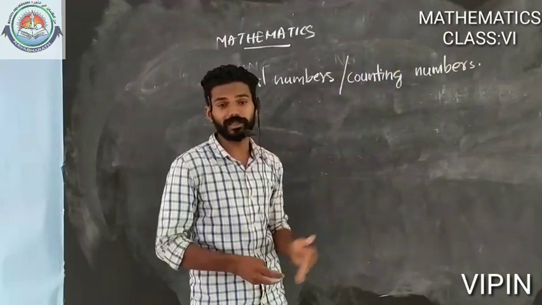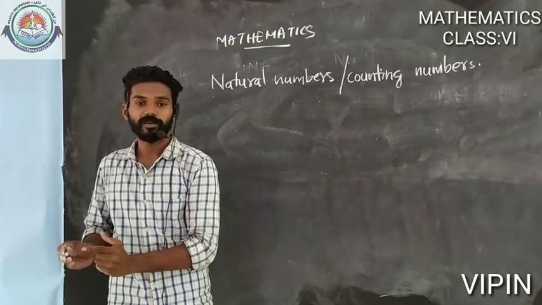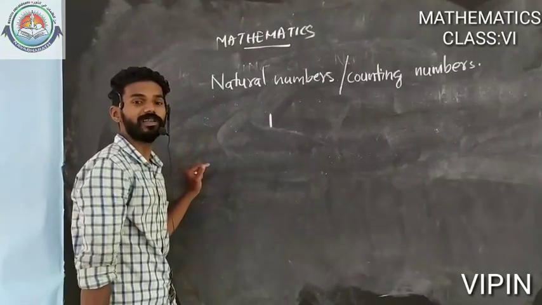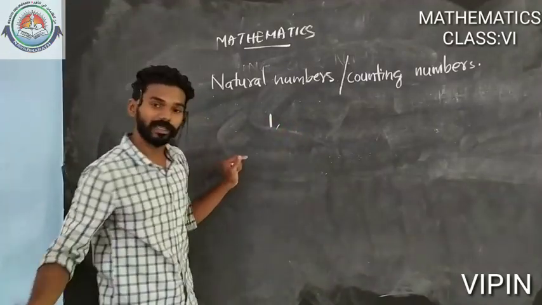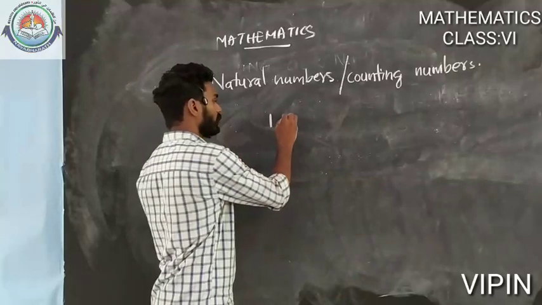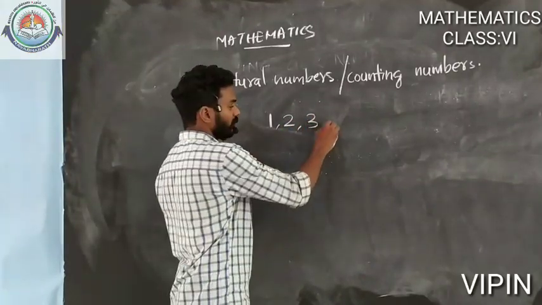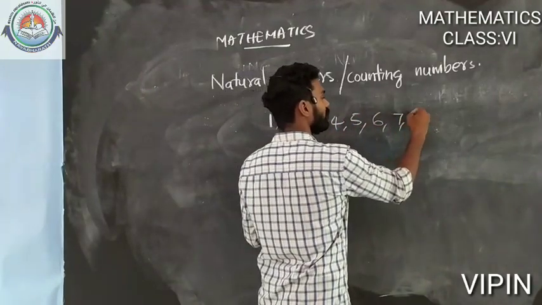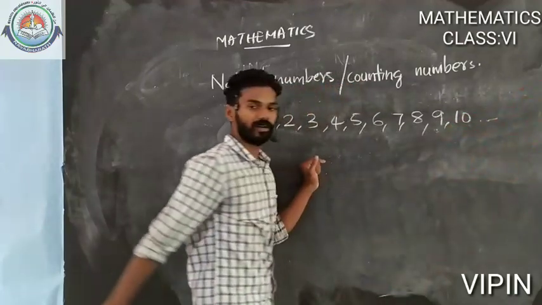Where does it start? It starts from the first pick, 1. So 1 is the first natural number. Thereafter, at the next pick you say 2, then 3, 4, 5, 6, 7, 8, 9, 10, etc.